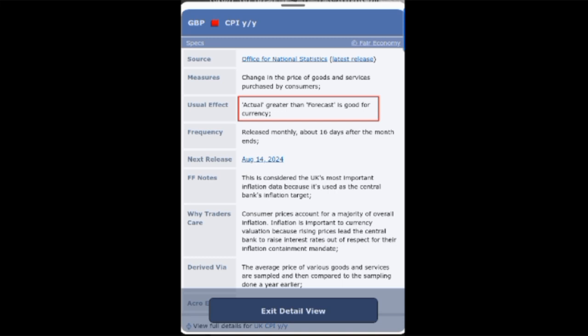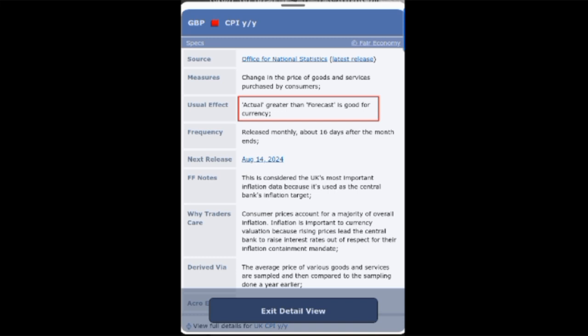If it is stated here that the actual lesser than the forecast is good for the currency, you will know that the impact of the news is going to affect the currency pairs on the chart, meaning the currency is going to drop in value. In this case, they said the actual is greater than the forecast and it is good for the currency pairs.